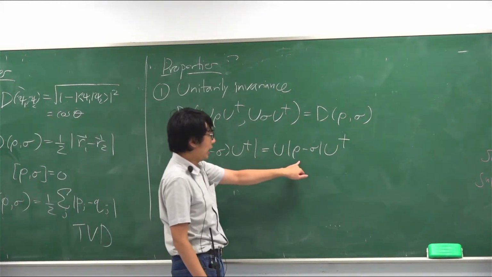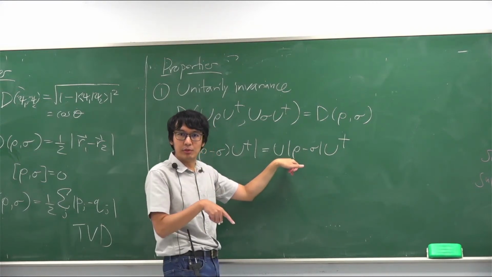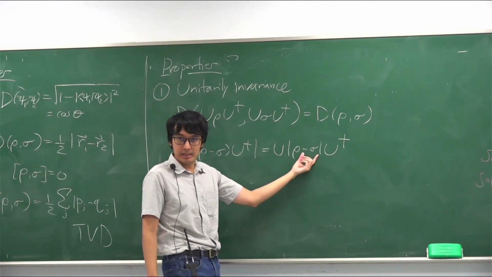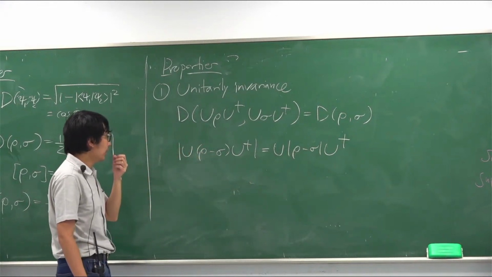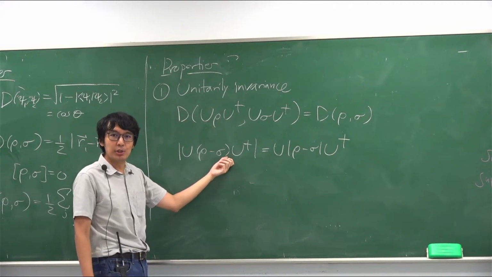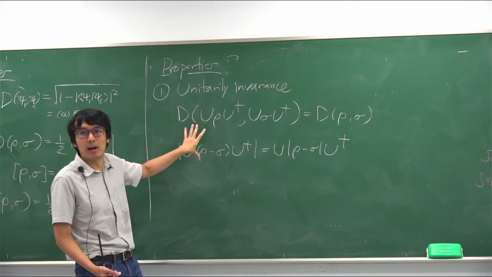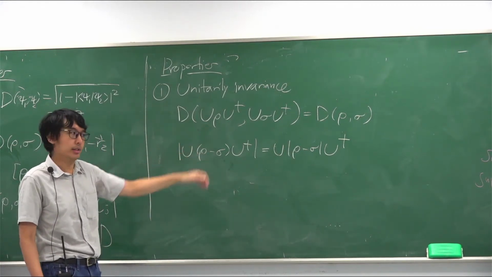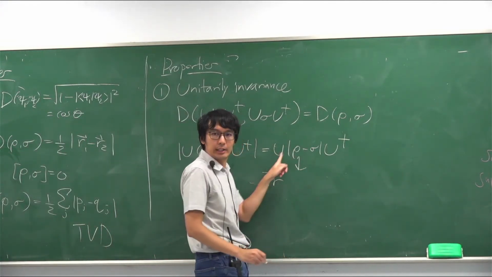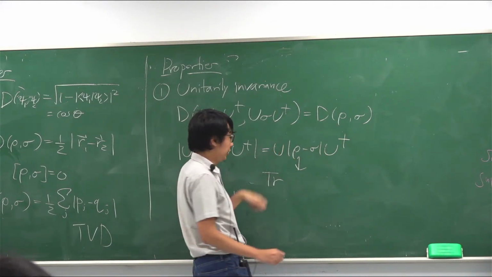On this side, I would just have the eigenvalue being the absolute value of lambda. Then I rotate the eigenbasis. Over here, if I rotate the eigenbasis first, that would still be diagonal and then I take the absolute value, which would take the absolute value of the eigenvalues. And so these two are the same. And so now if I put it into the trace, I use the cyclic property of the trace, and then U dagger comes here and annihilates this U.